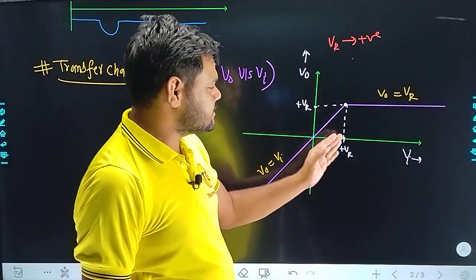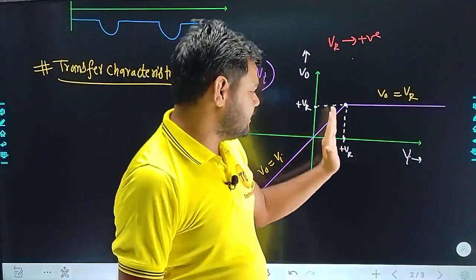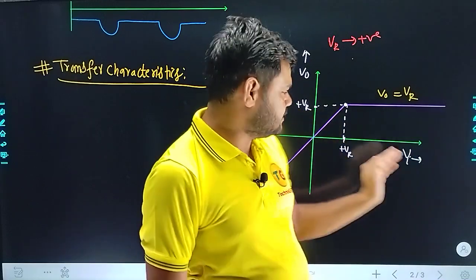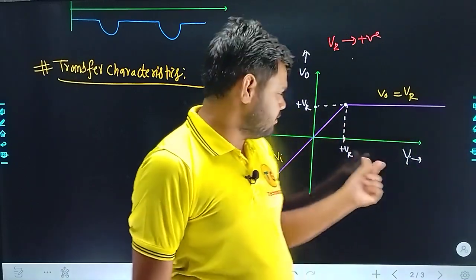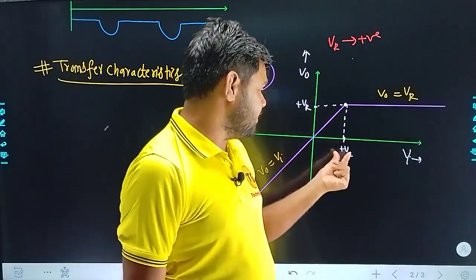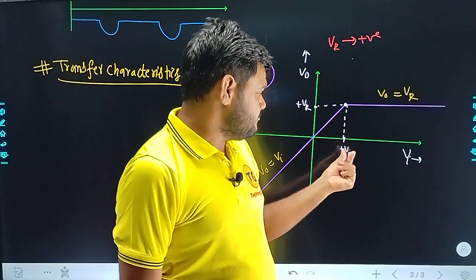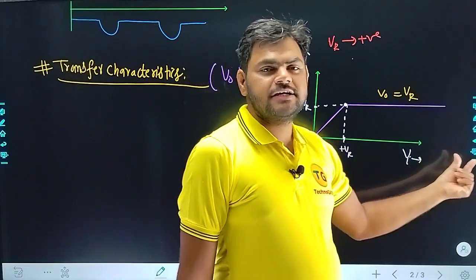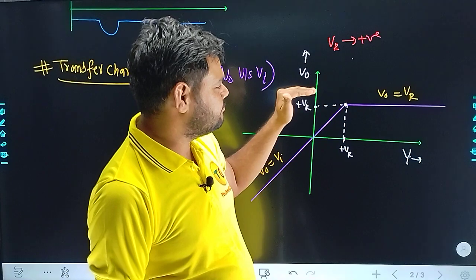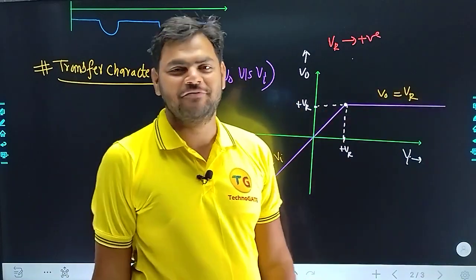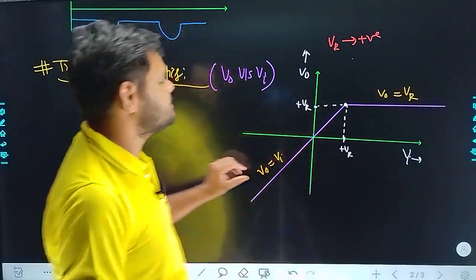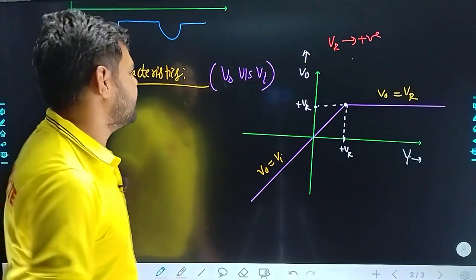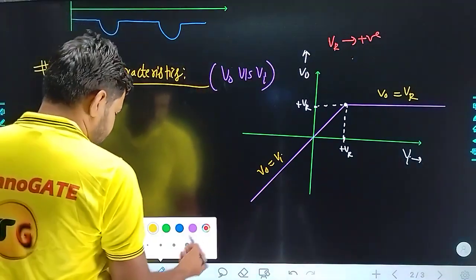You may clearly understand here input is getting increased in this entire line for a value greater than VR. Input is simply getting increased here, but output remains constant at the VR value. So this is the transfer characteristics under the case where we have taken V reference to be positive.